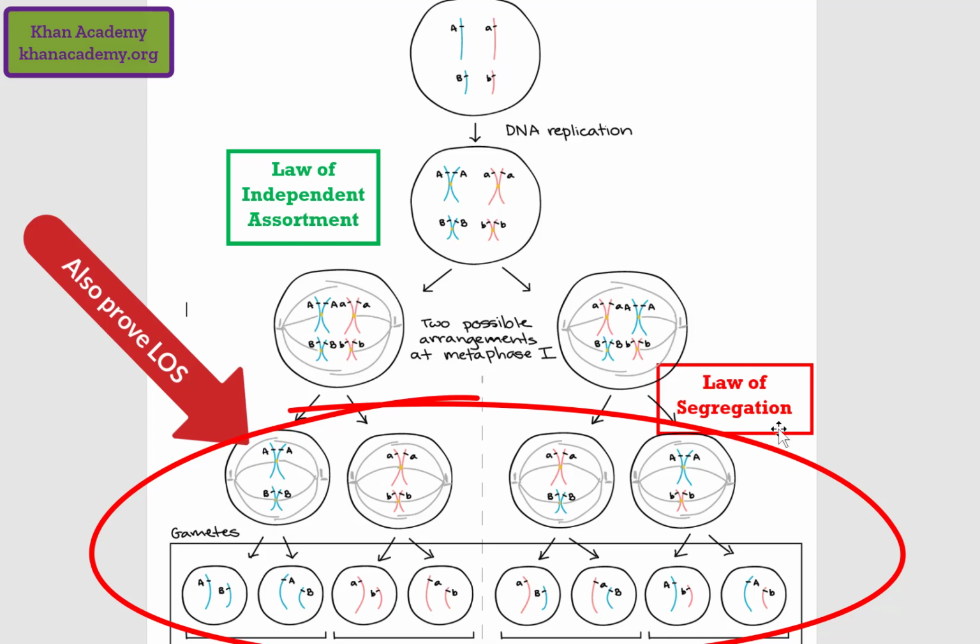That's what the law of segregation says. The law of segregation says that you will end up with haploid cells, no matter if they're all blue or all pink. You just have 1 each. So if you want to prove that the law of segregation occurs, any of the cells from telophase 1 to the very end prove that law of segregation occurs.